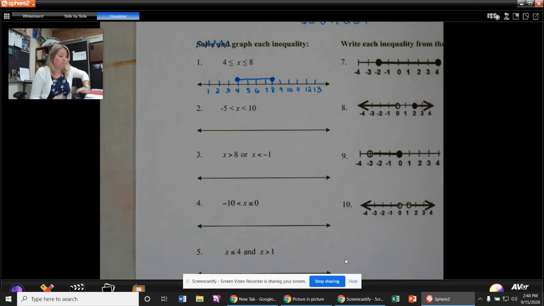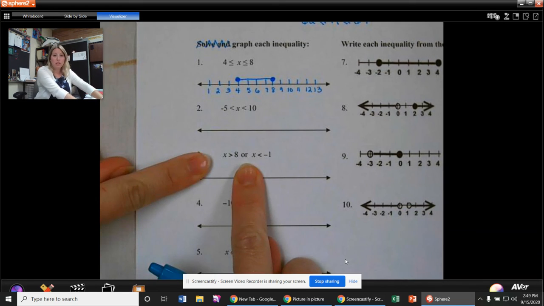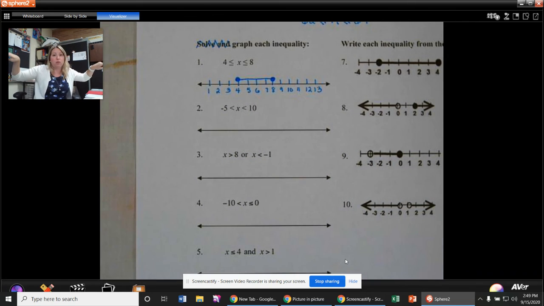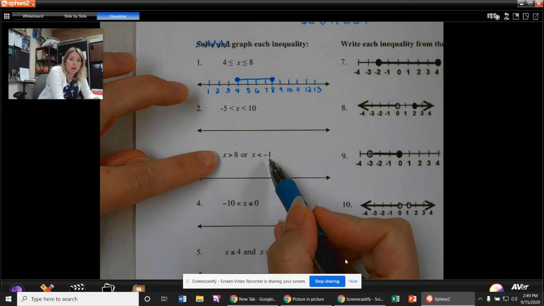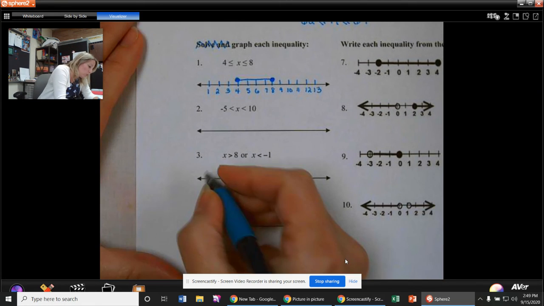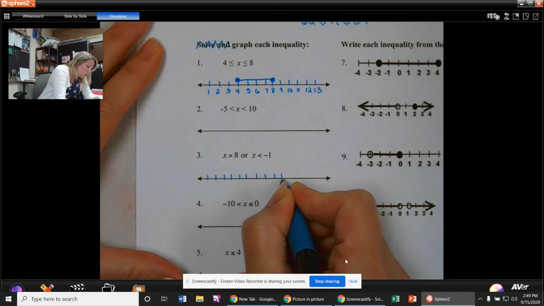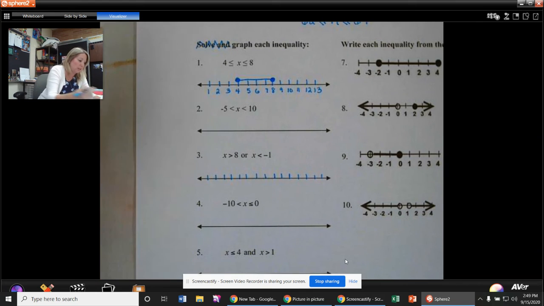Betweening again. Not a between. If it says or, you're going to go opposite directions. Okay. So our numbers in question are -1 and 8, right? So we need to be able to fit values from -1 all the way up to and including 8. So I've got plenty of hash marks on here as evenly spaced as possible.